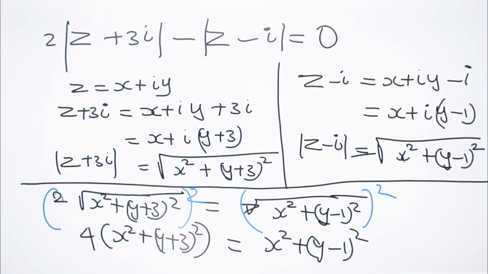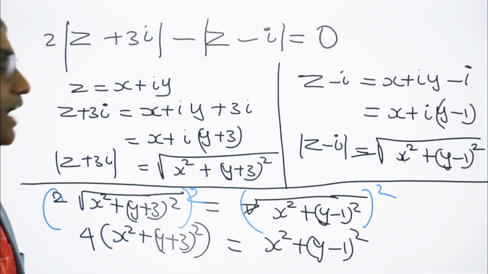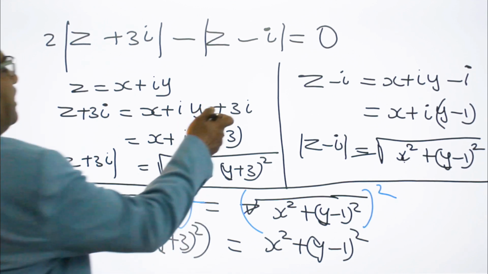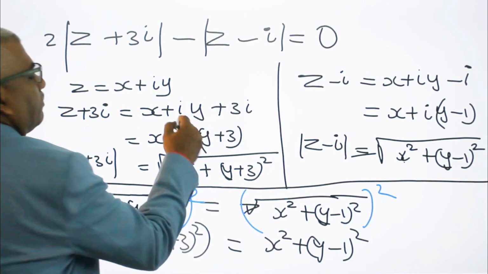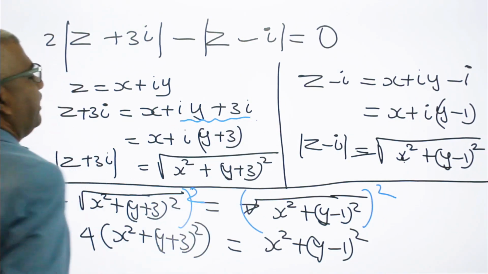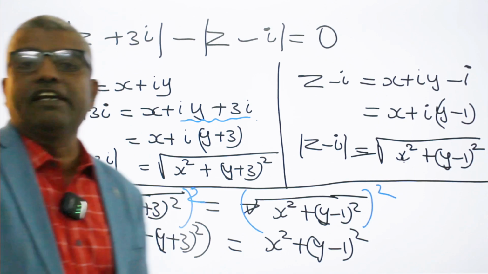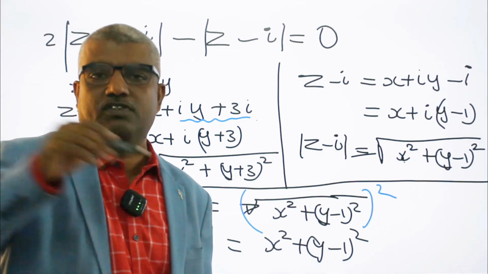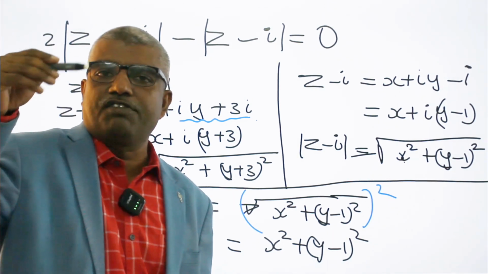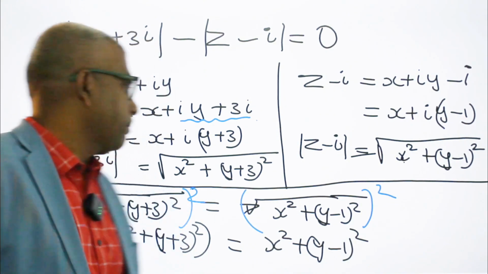z is a complex number. I put x plus iy, then plus z plus 3i, just added 3. So I take out i, giving y plus 3. The modulus of a plus ib is the square root of a squared plus b squared.